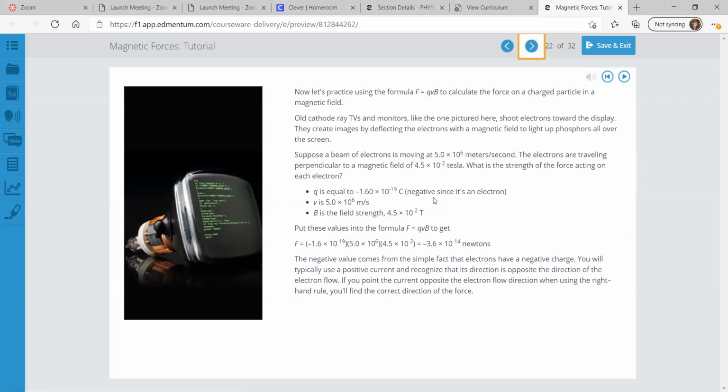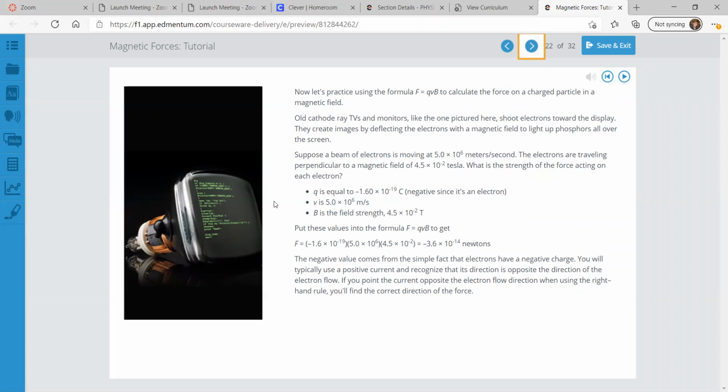So we're going to practice right now. Old cathode ray TVs and monitors like this one here shoot electrons toward the display. They create images by deflecting the electrons with a magnetic field to light up phosphors all over the screen.